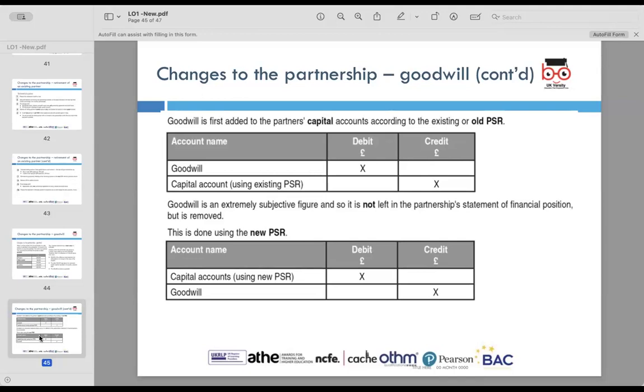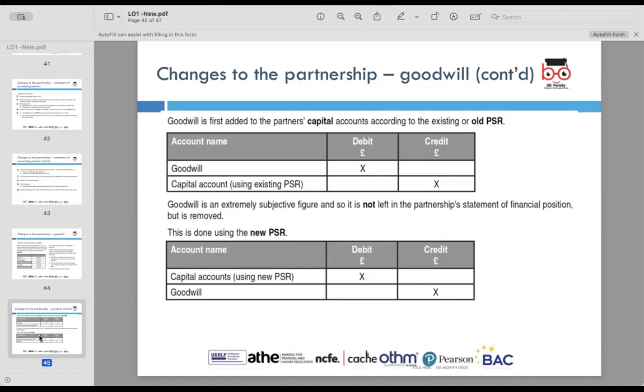Accounting treatment of goodwill. Initially, goodwill is credited to the partners' capital accounts based on the existing profit sharing ratio. This step ensures that the increase in partnership value due to goodwill is recognized in each partner's capital balance proportionally.